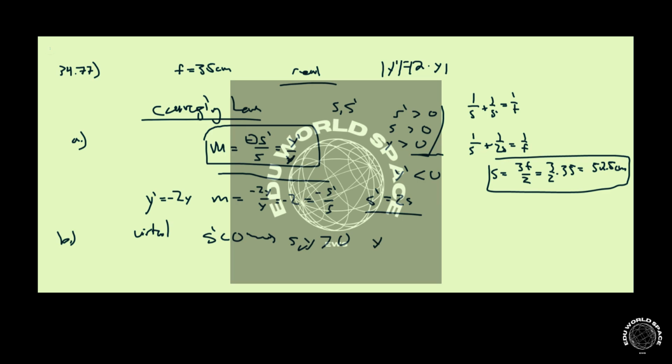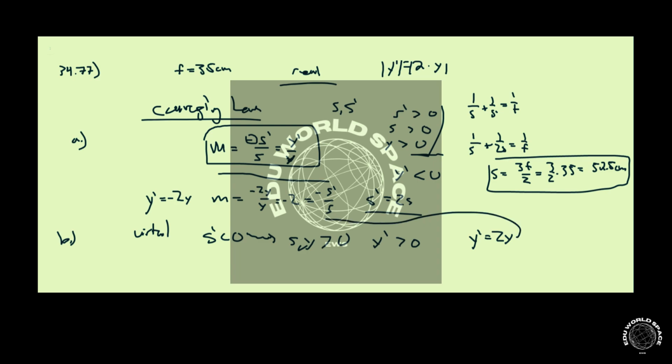And the only way this can happen is if Y prime is greater than 0. So in this case, we know that Y prime is 2Y now instead of negative 2y, so the image is going to be upright.